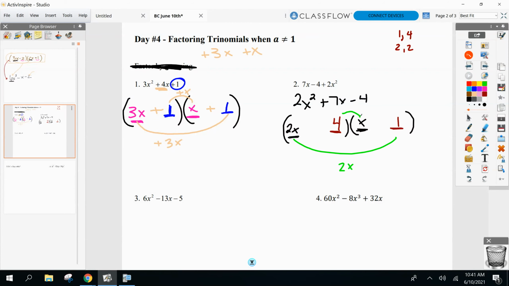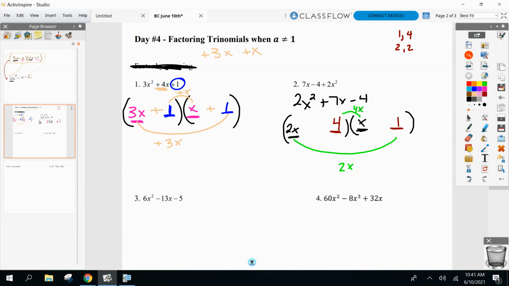Inners give me 4x. Can you get a 7x from 4x and 2x? Am I getting 7x? No. Does that mean this is not possible? No. What have I not tried yet? Flipping the 4 and the 1. Putting them in different spots. Why didn't I do that with the 2 and the 2?